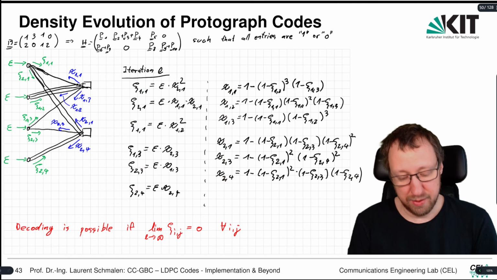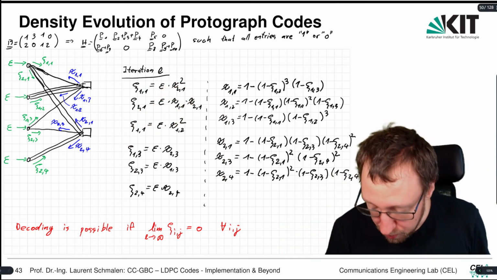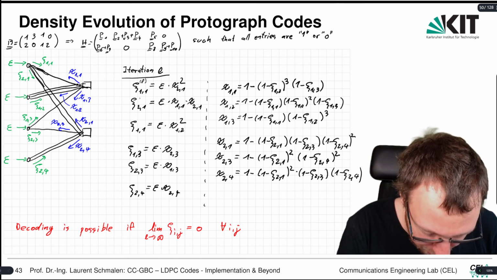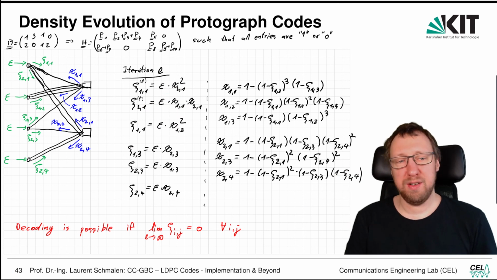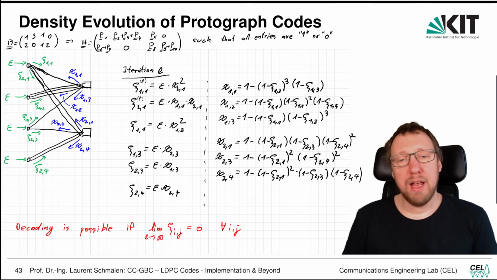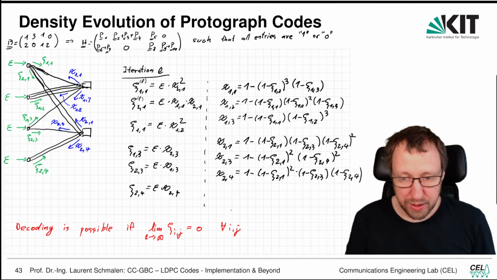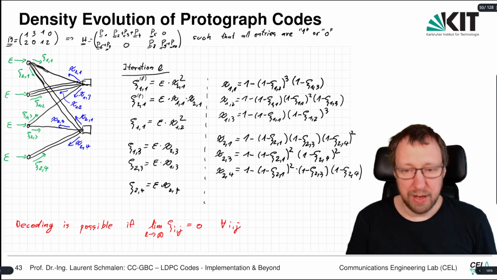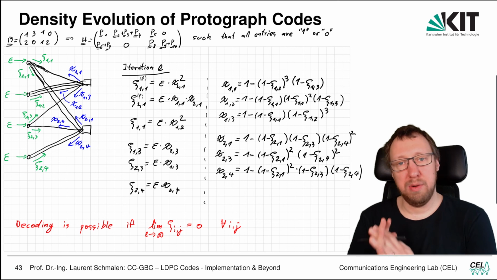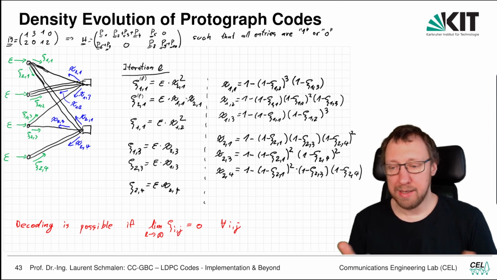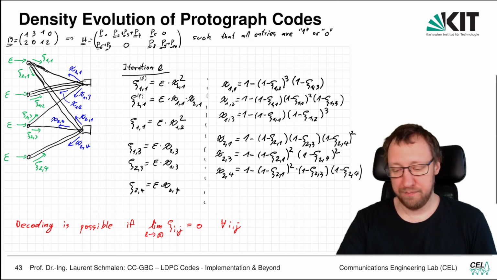And now we just update this. Of course, here we always put an iteration counter, and this would be iteration counter L minus 1, but for keeping notation simple, we leave it. Now we evaluate these coupled equations, and if they eventually converge to 0, that means that the code is able to decode. That is what we call a protograph-based LDPC code.